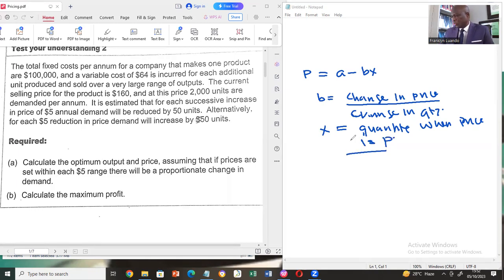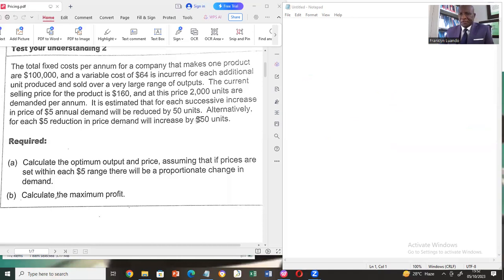I want you to make sure that you understand. We are going to answer this question together. And the first step is to calculate B. So we already have the formula here. So we have the question here.